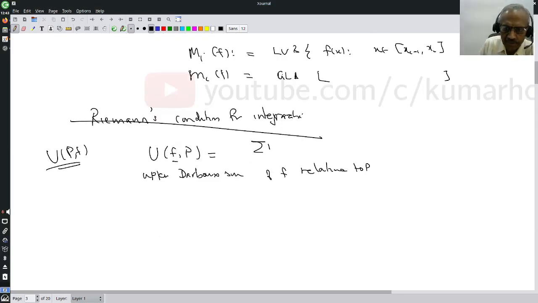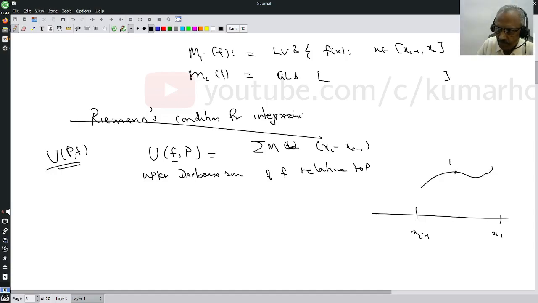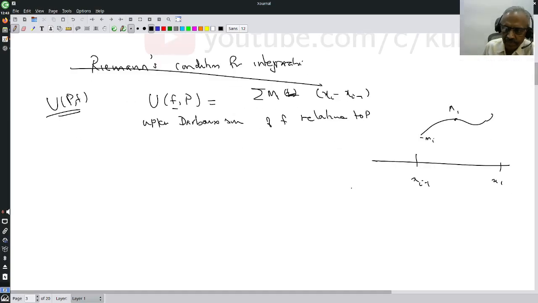That is by definition the sum of M_i times (x_i - x_{i-1}). This is x_{i-1}, this is x_i, this may be the function, so this is my M_i, this may be my little m_i. Similarly for the lower sum L(f, P).